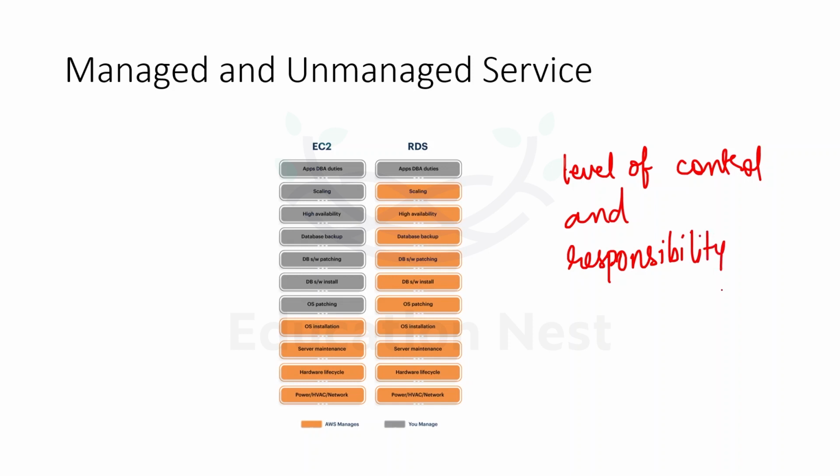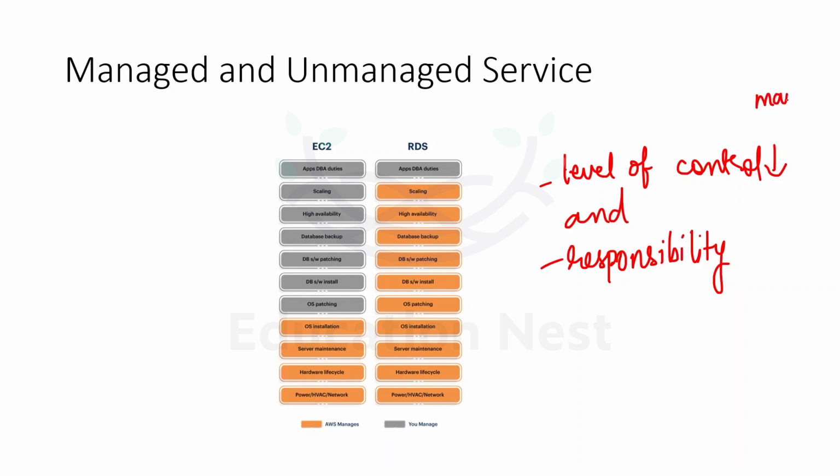On the basis of these two things, you should decide whether you want to go with a managed or unmanaged service. When you go with the managed service, the level of control is reduced.